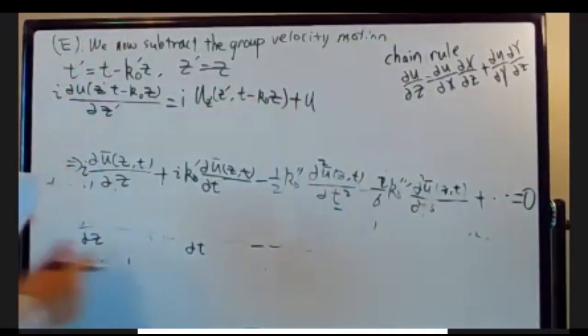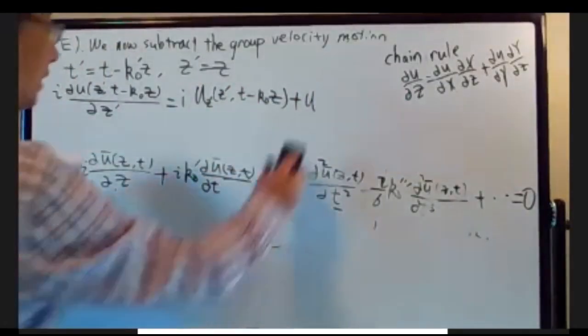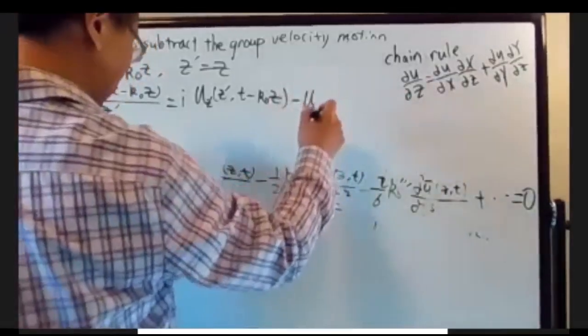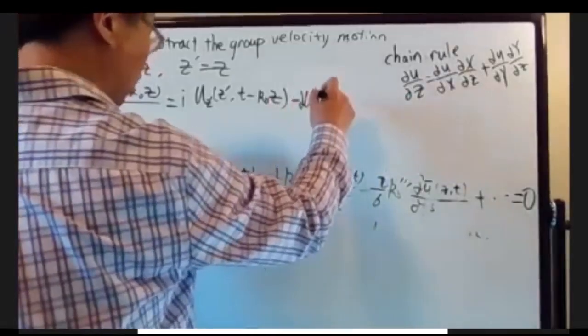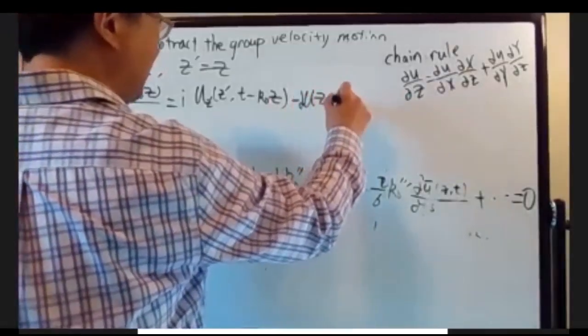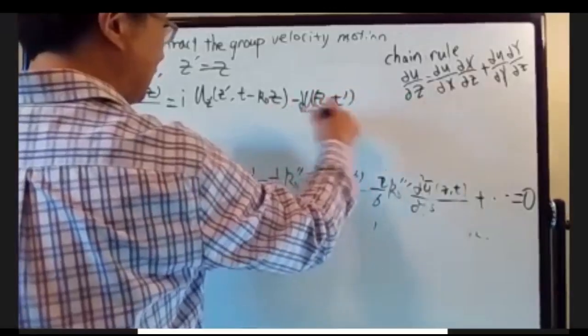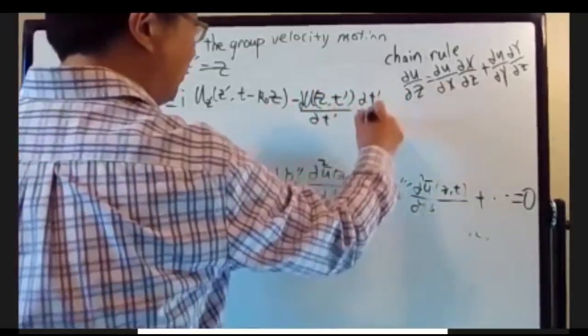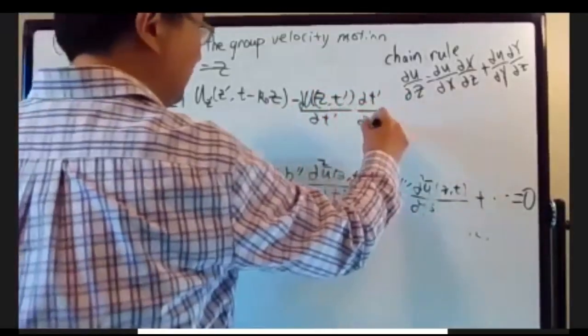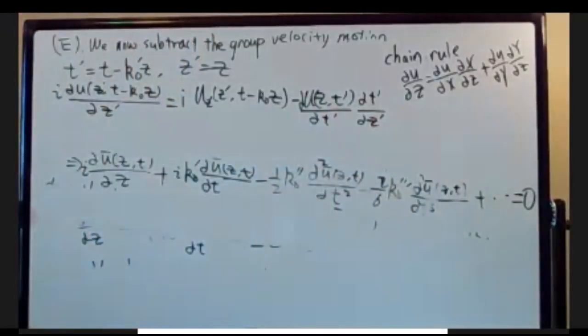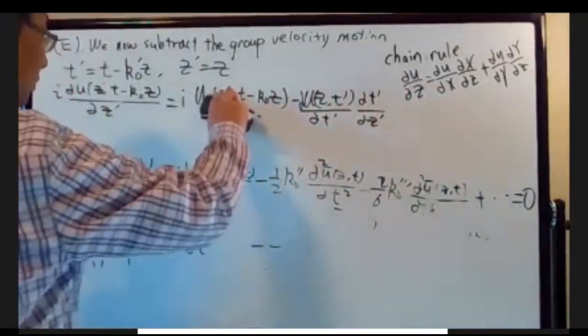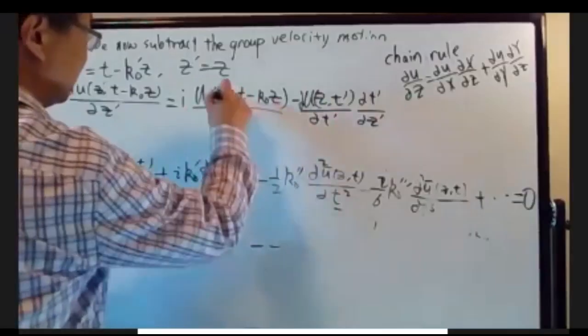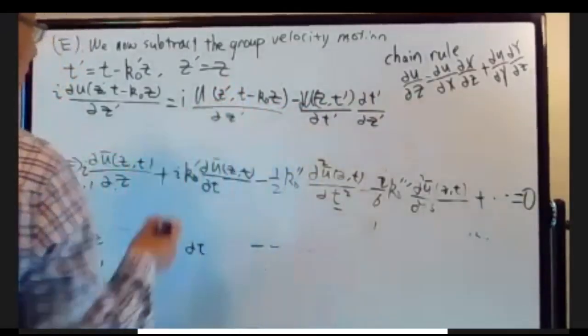So this should be minus, the partial u, partial t prime, and partial t prime over partial z prime, right?